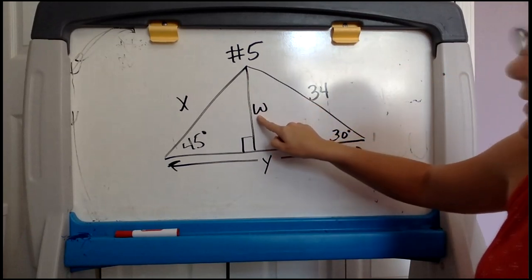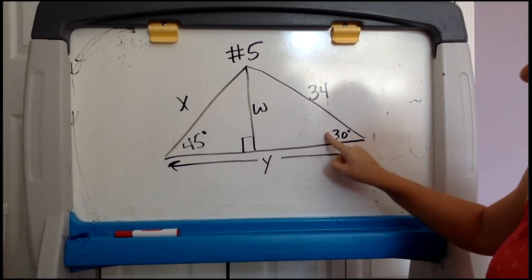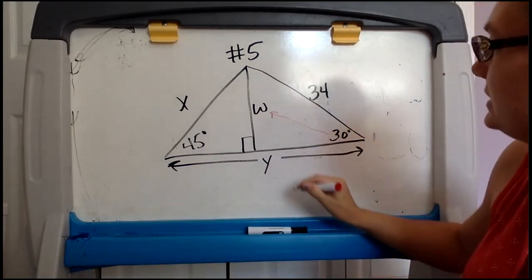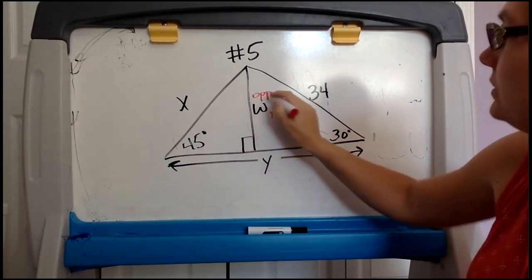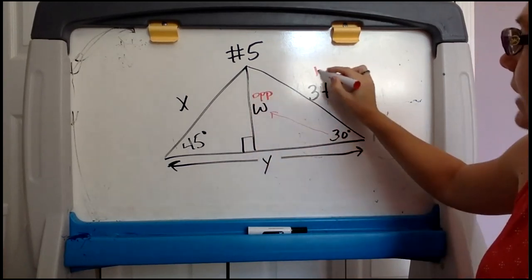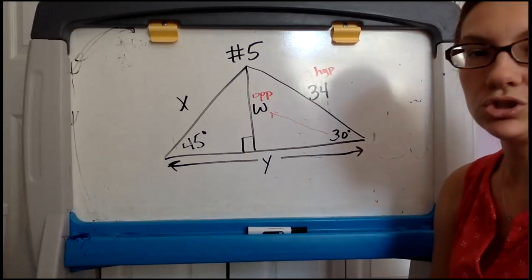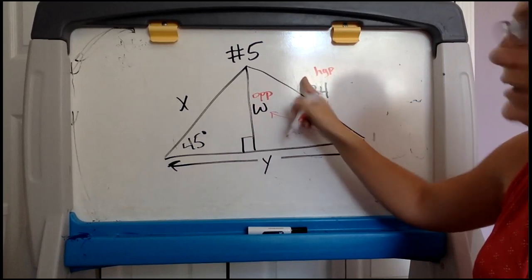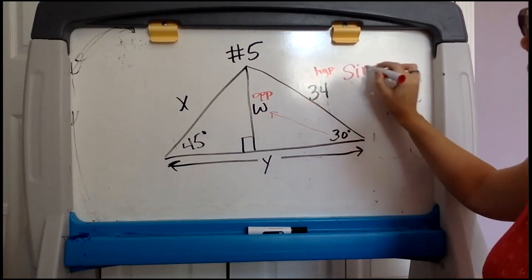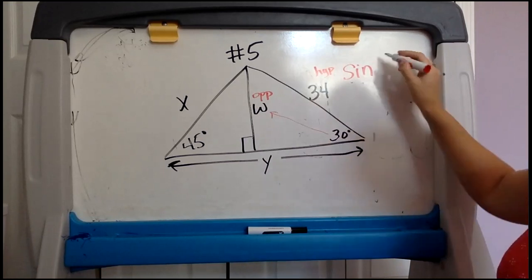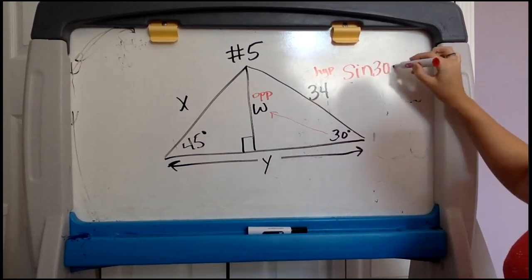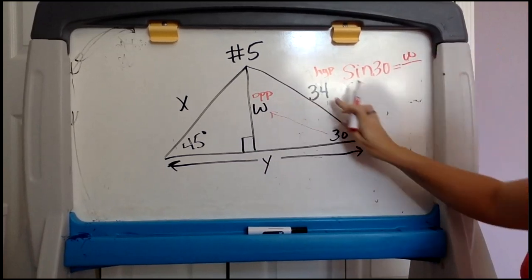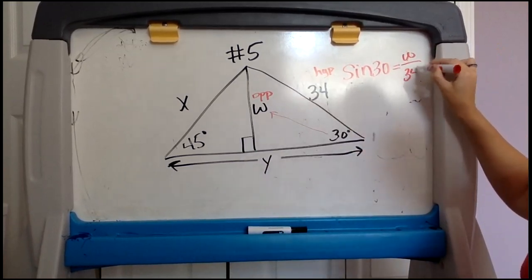So let's think about this. From the angle, I have the opposite side. This is the opposite. And I have the hypotenuse. So which trig function uses the opposite and hypotenuse? That would be sine. So you set it up as sine of the angle is the opposite side, so W, over the hypotenuse.